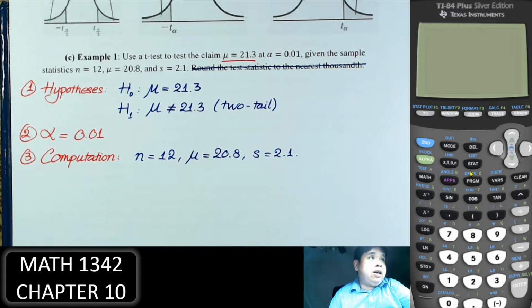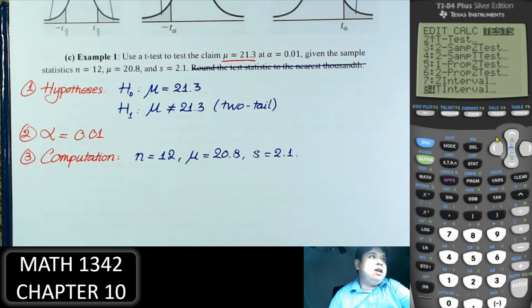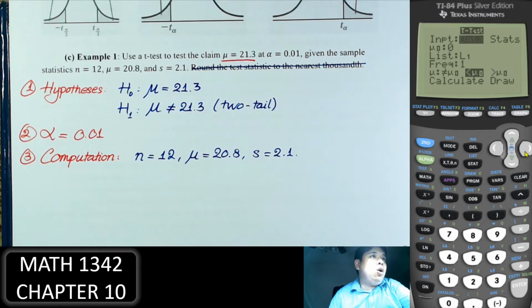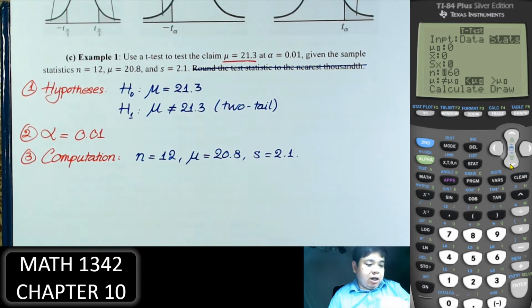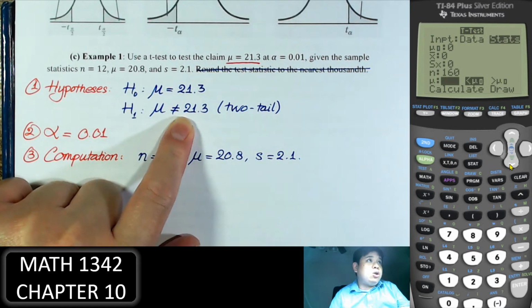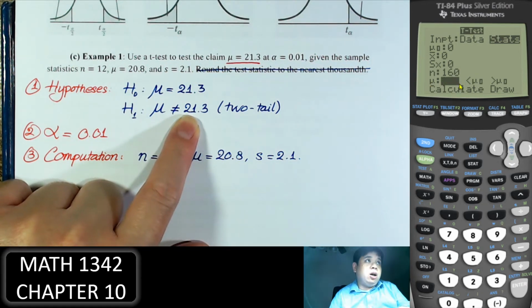Again, for the population mean we have to use the t distribution. So stat, then test, and then t-test, option number 2. We're going to use the statistic option because we have the summary for the sample. First, the hypothesis we have is not equal to, so we select that, and mu is not equal to mu naught, so mu sub 0 here has to be 21.3.